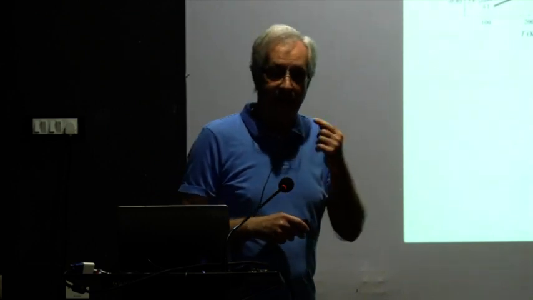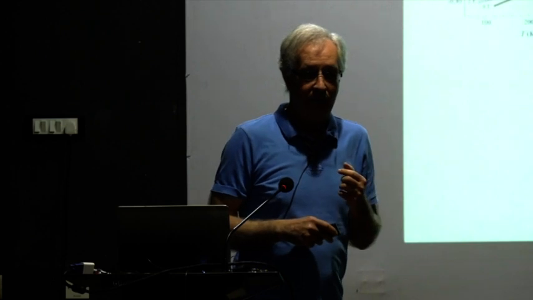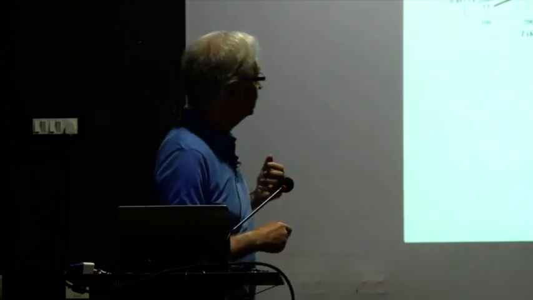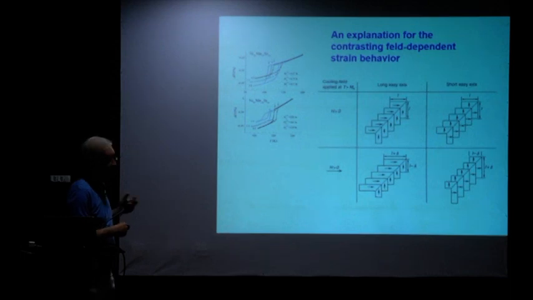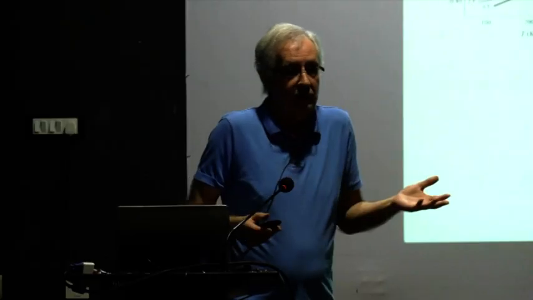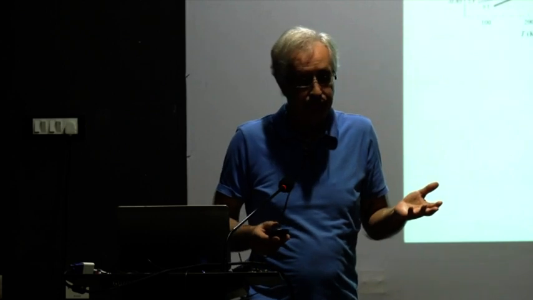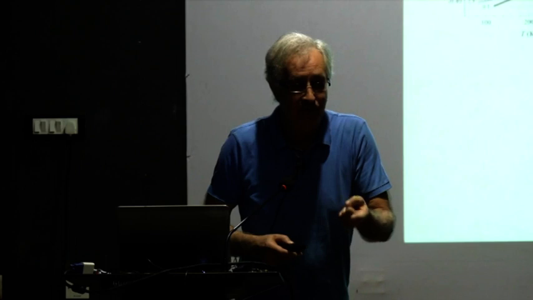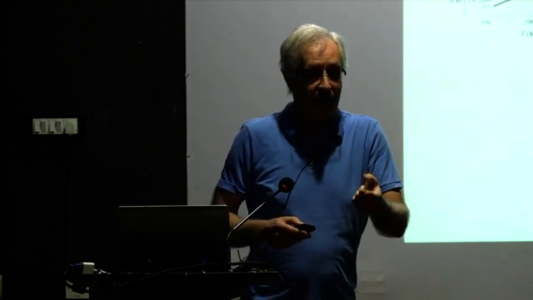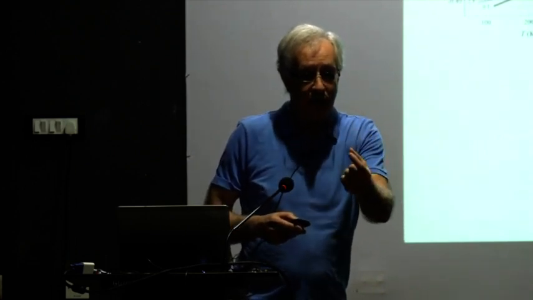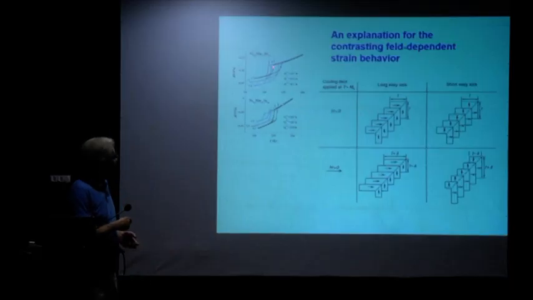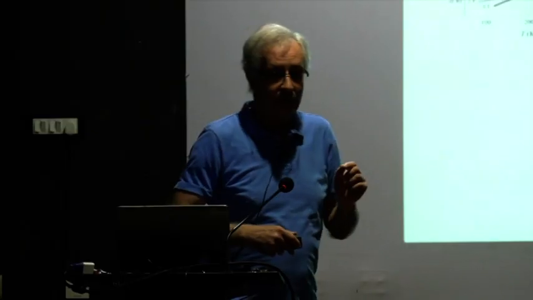Because if the magnetic field did not influence the nucleation process, then all these curves would have been similar. There would have been no change. And depending on how it is influencing the nucleation process, either by selecting a short axis or a long axis, we have these two kinds of behavior.